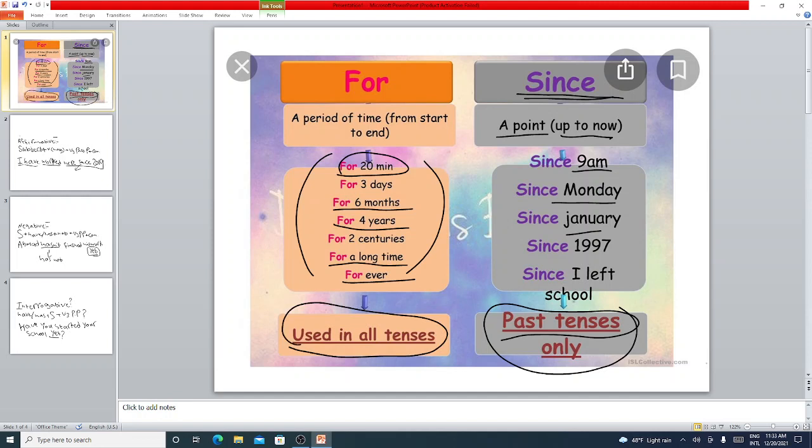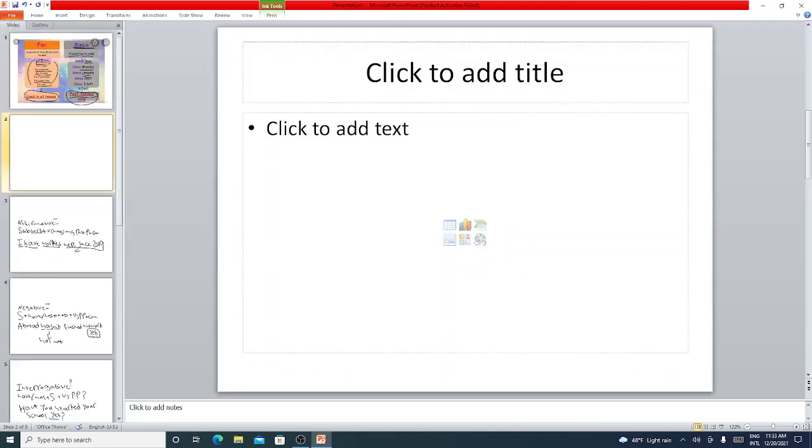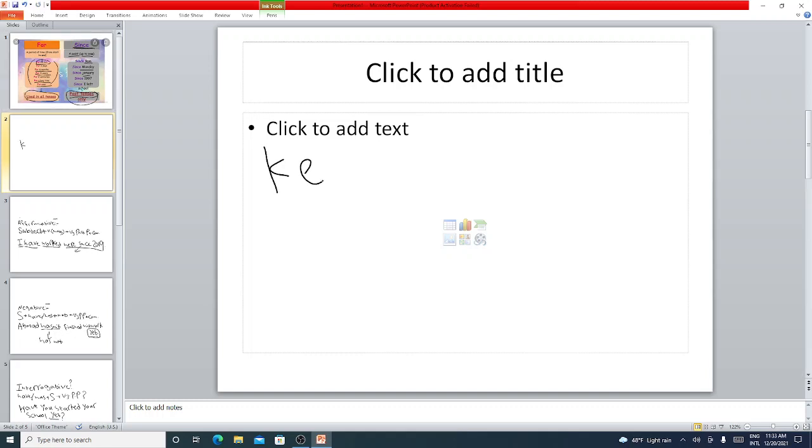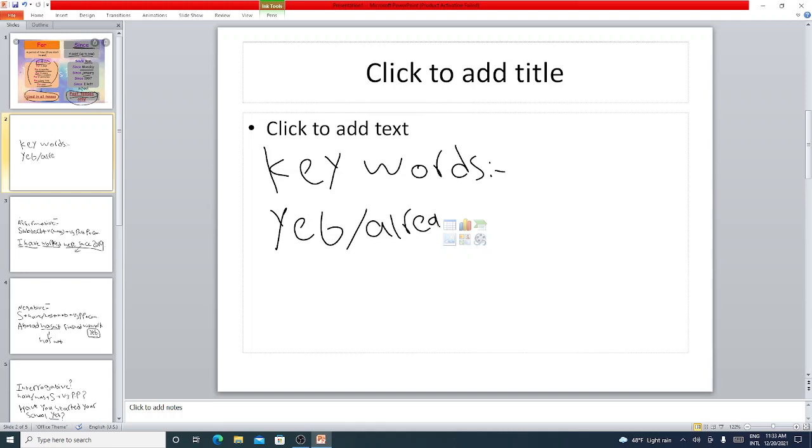Now, let's mention the key words in this grammar. So, key words. We can use yet. Any questions? Okay. We can use already when we want to talk about something that already happened, or something previously happened, okay?